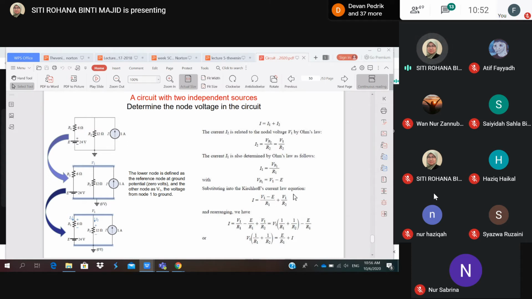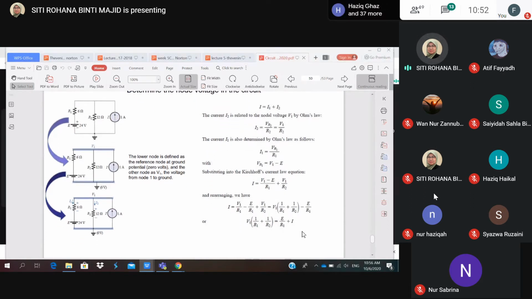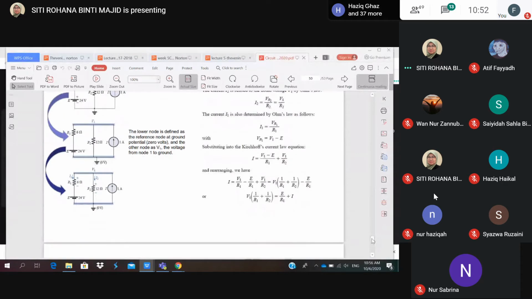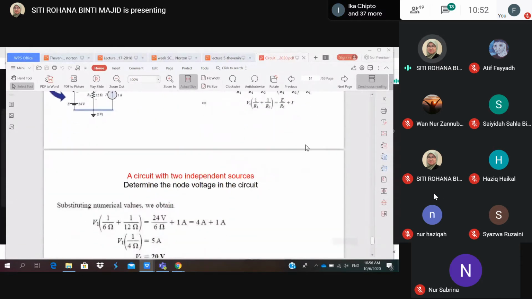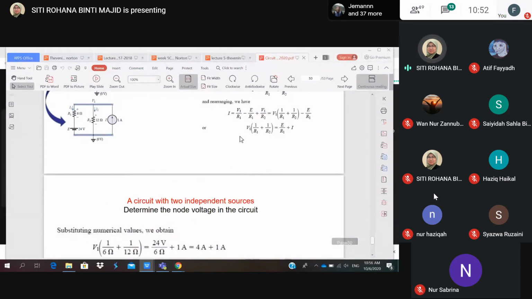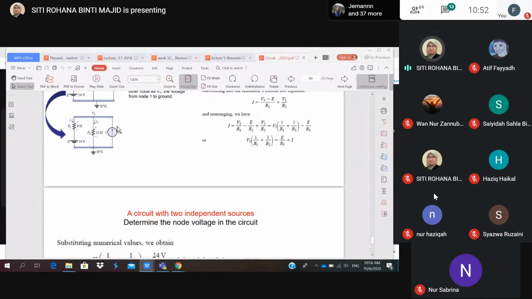Rearrange, and you need to use some math skill here, and then you will get I1 equals V1 times 1 over R1 plus 1 over R2. Then you can calculate V1 when you plug in the values of each parameter here.